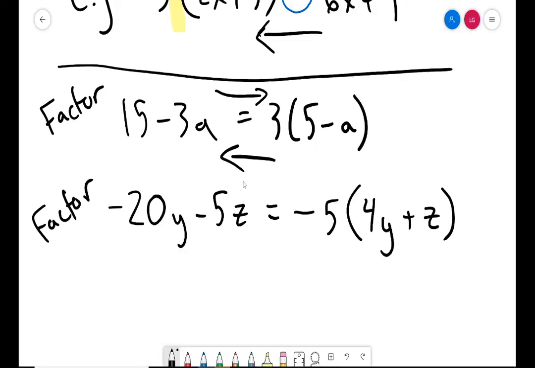And it's interesting right now because we're doing the opposite of simplification. Part of our strategy for simplifying was to execute operations where we could. So if we started on the right here, we would execute the multiplication and go right to left and say negative 20y minus 5z is the simplified version. And that would be true.